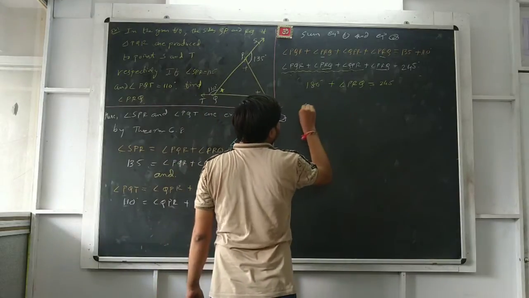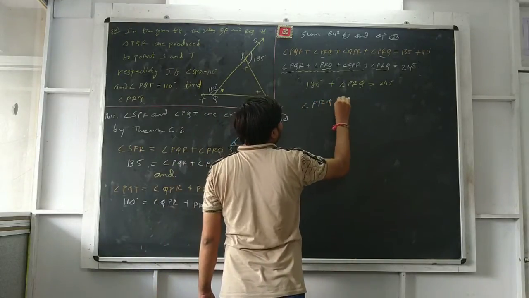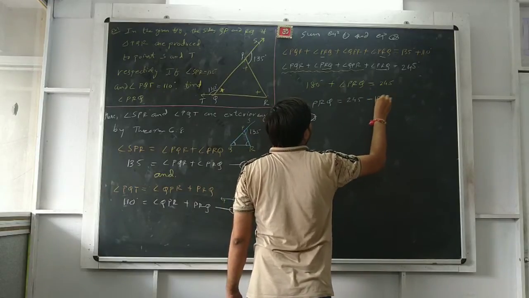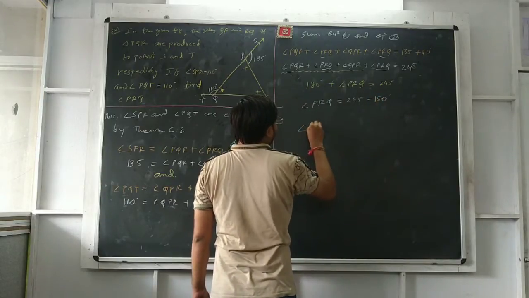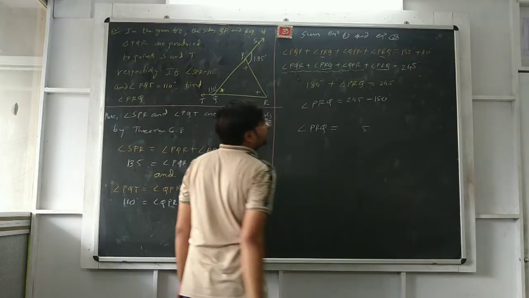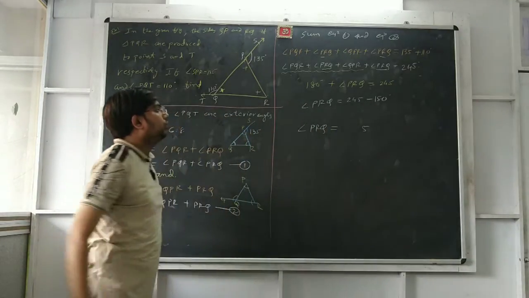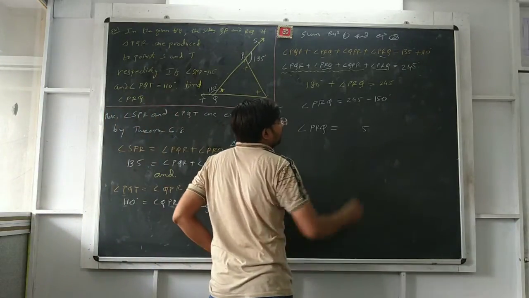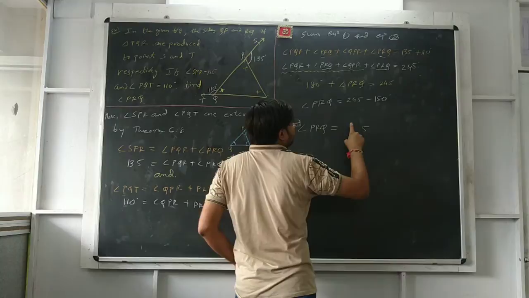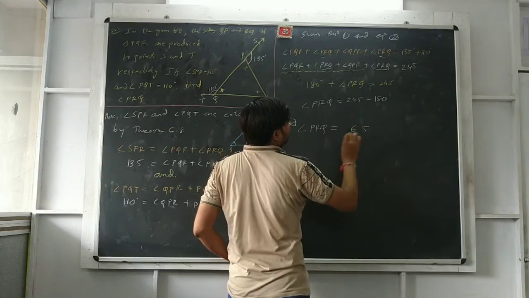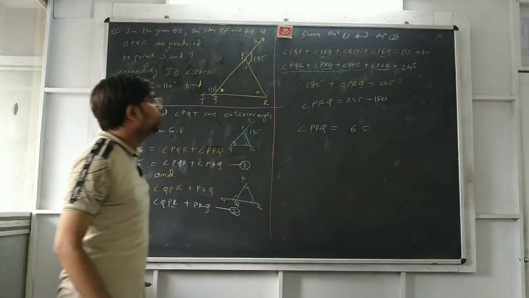180 goes to the opposite side. Then PRQ is equal to 245 minus 180. Then PRQ is equal to 65.